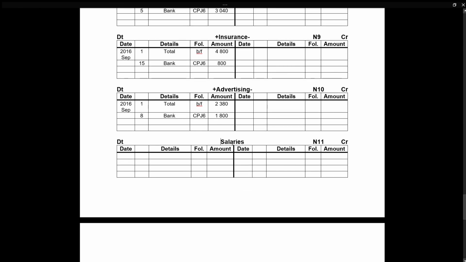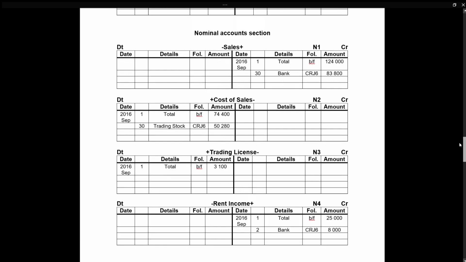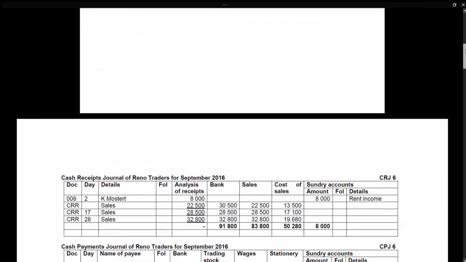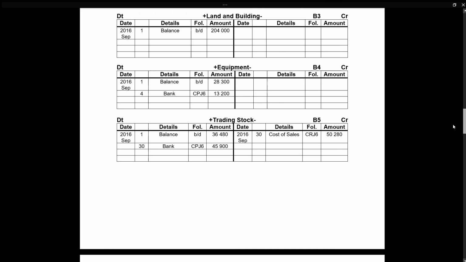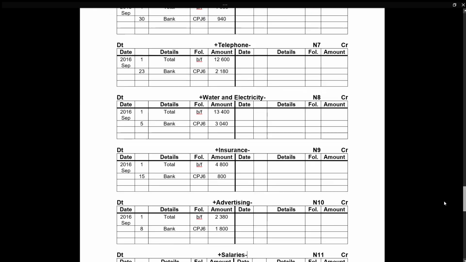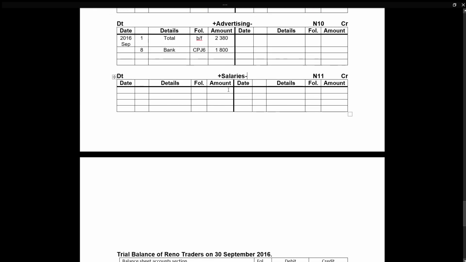Right, salaries. We are paying salaries. People are working for us. It's an expense account, so therefore plus minus. Let's see if we had an opening total. We did, 72,000 rand. They are paying a lot, but it's good. You should reward your employees.